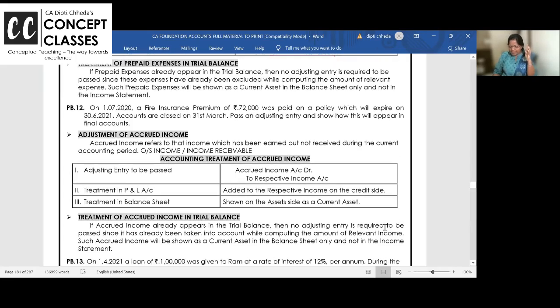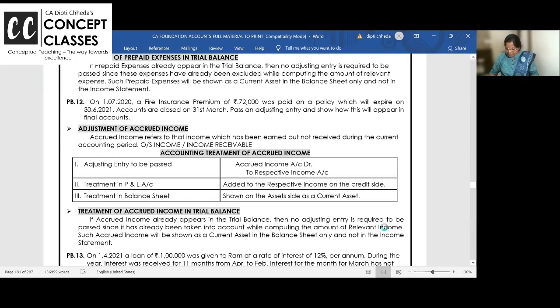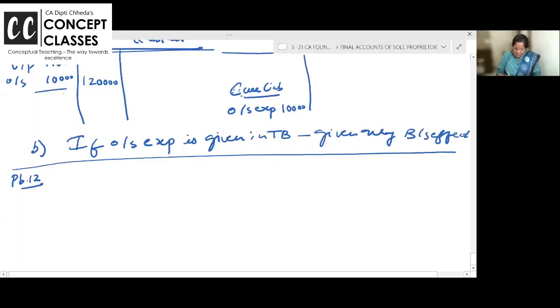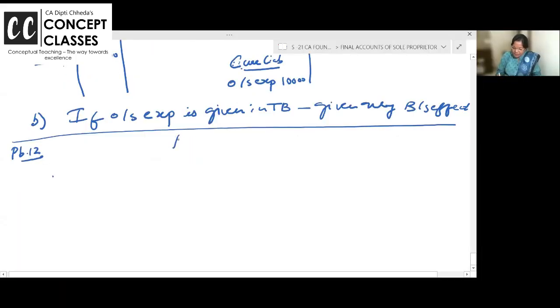So let us do it, how this item will appear and all, and we will do both the ways, with both options. Problem number 12 we are doing: prepaid expenses. The concept of prepaid expenses.